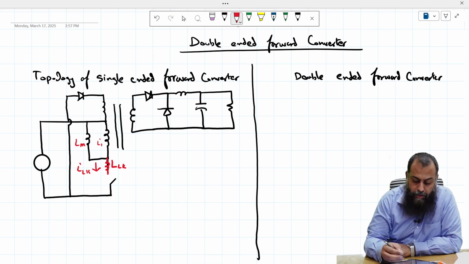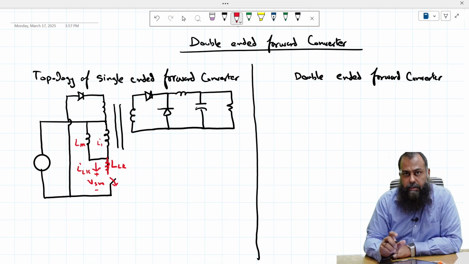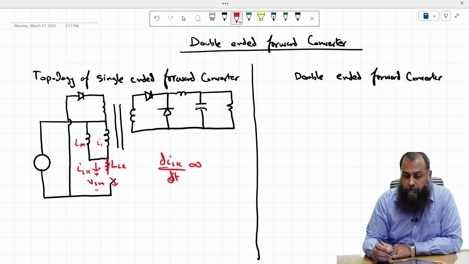The problem associated here is that once we turn off this switch, then this switch has to endure some voltage that it has to block. Now this LLK has some current ILK flowing here. That means that when this switch is turned off, this dILK over dt goes to infinity. Now why does it go to infinity?